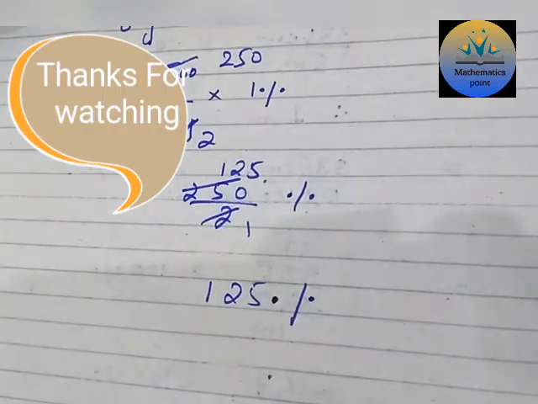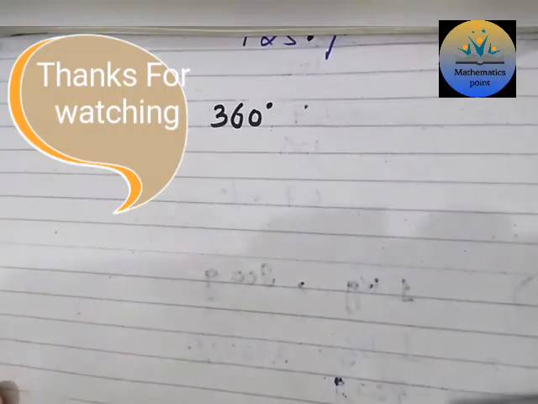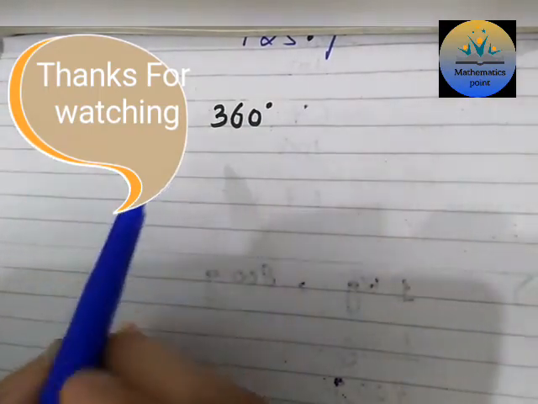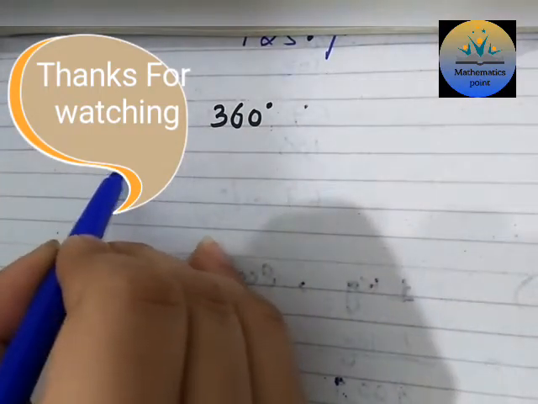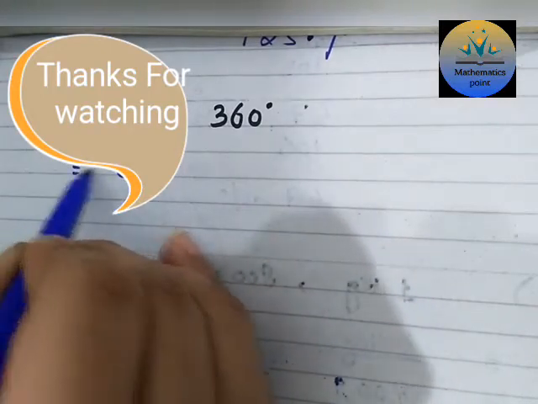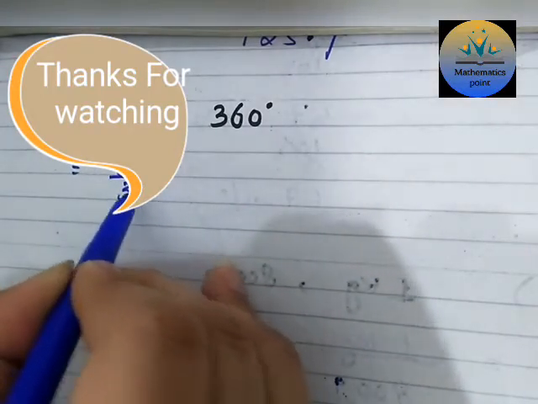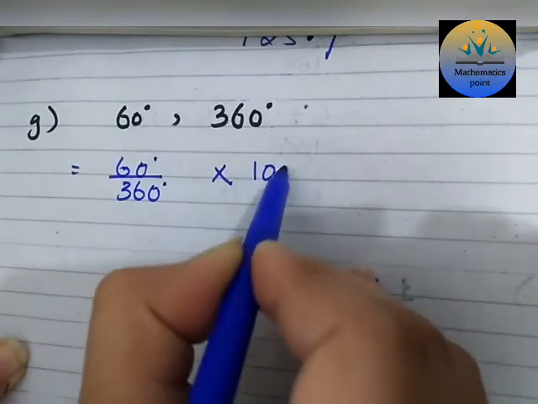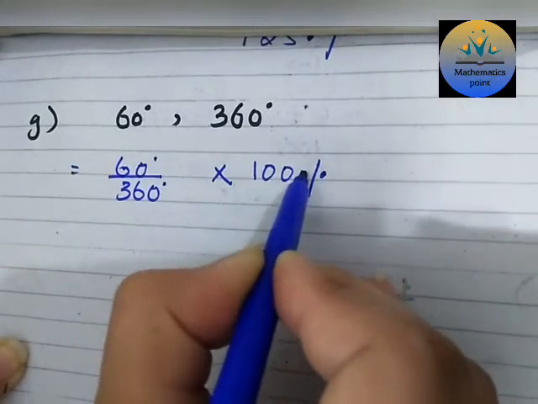in decimal point. So now in part G, both the terms are given in degree, so we will solve it. We want to represent 60 degree as a percentage of 360 degree, and for the percentage we multiply by 100%.